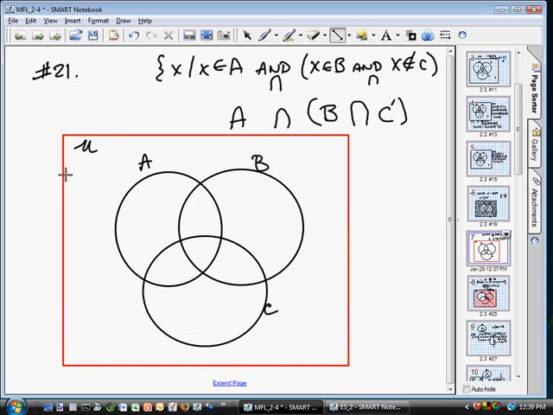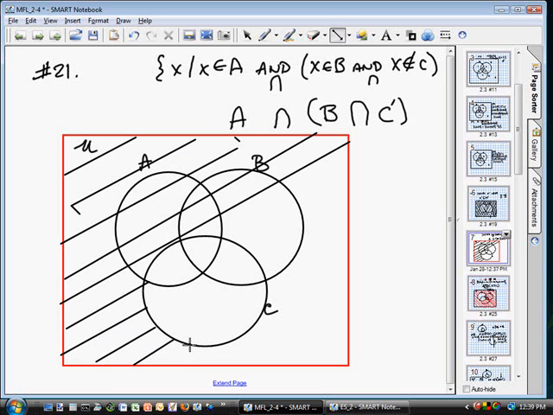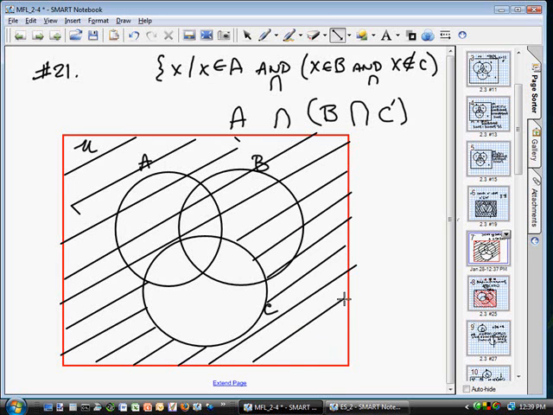C complement. Okay, there's C complement shaded in.